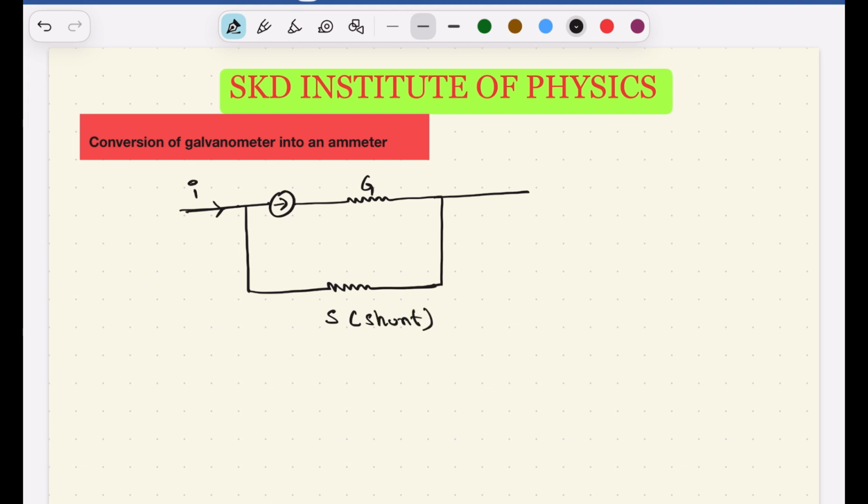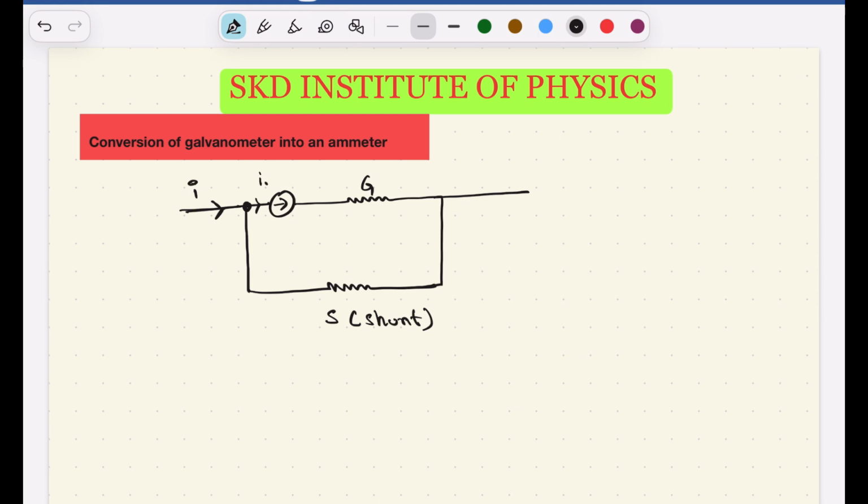Why are we taking the shunt resistance in parallel combination? Why are we not connecting it in series combination? Okay, you can understand by the end of the video. If you observe carefully, the current I is coming towards here and the junction is formed. According to Kirchhoff's current law, the current is divided at the junction.